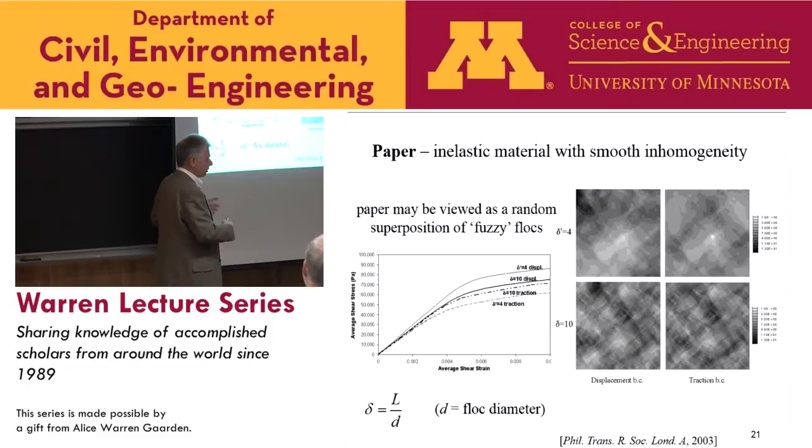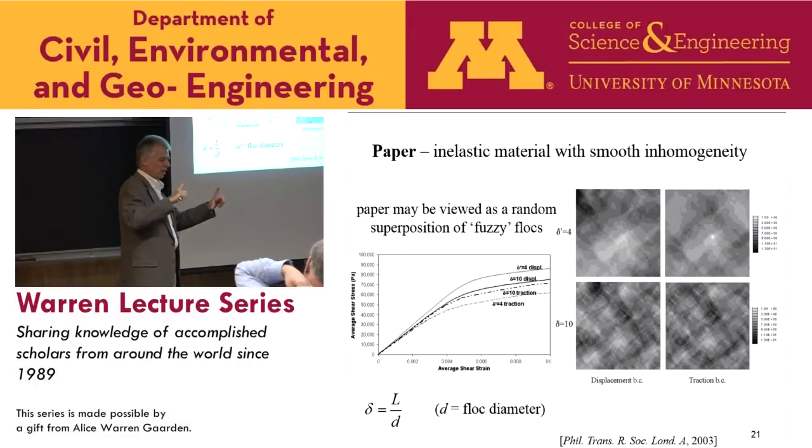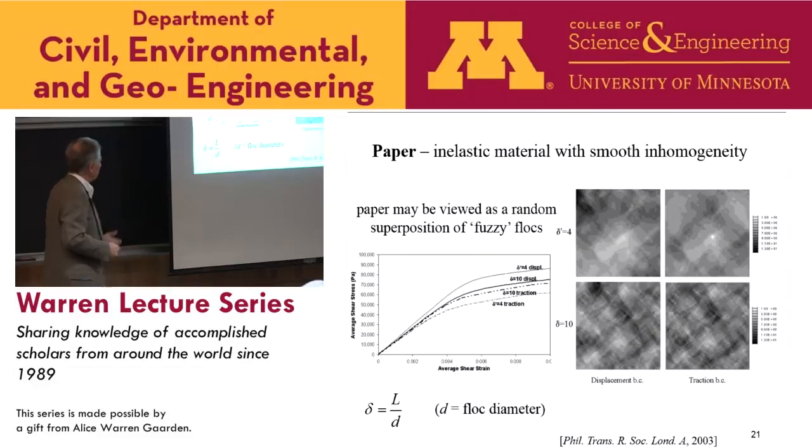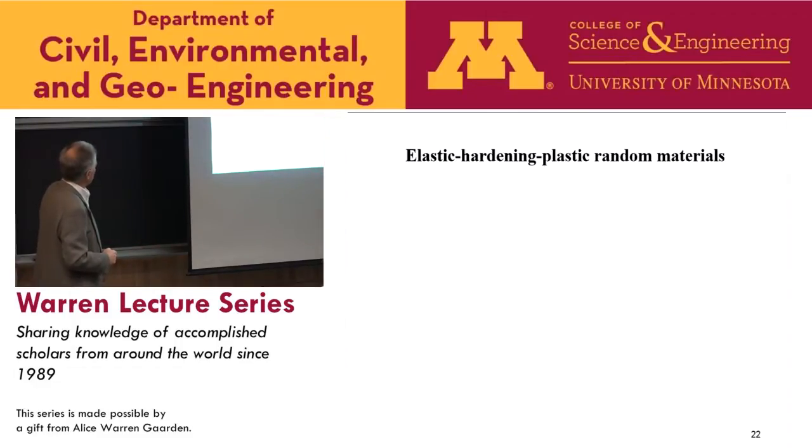We homogenize according to those Dirichlet-Neumann boundary conditions, and we get basically the result that paper can be regarded as homogeneous with this type of error on a scale 10 times bigger than a floc, which means 5 by 5 centimeters. If I want to have weaker noise, I have to go, say, 10 by 10 centimeters, 20 by 20, and so on. So one can get results of that nature out of this.